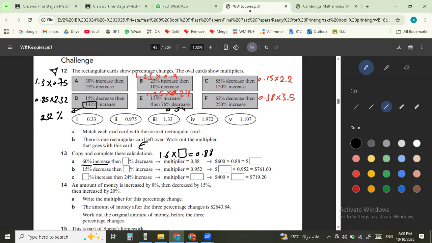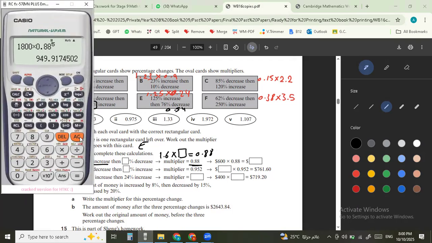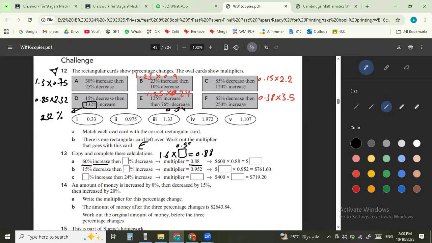So 1.6, we're finding right now the compound multiplier. They found it already. So they're telling you 1.6 times what is 0.88. So let's do it: 0.88 divided by 1.6 equals 0.55. That's the second multiplier.